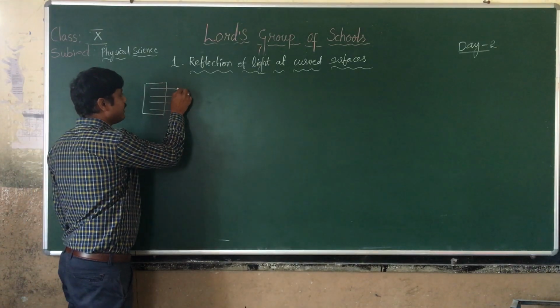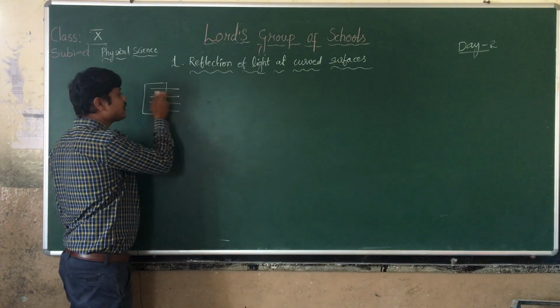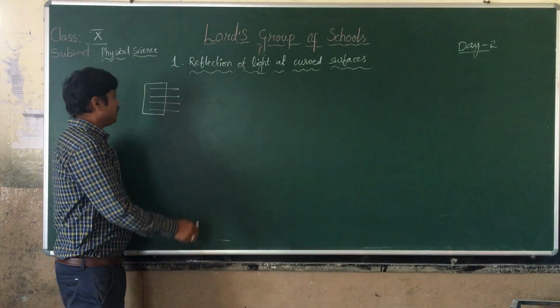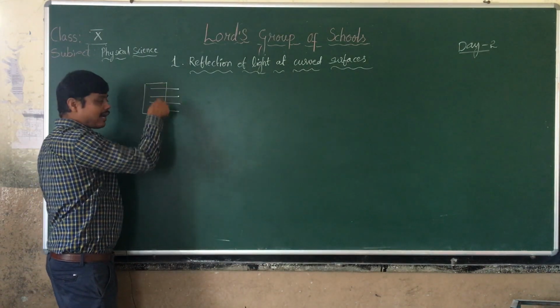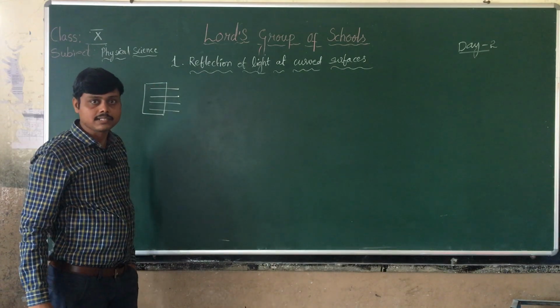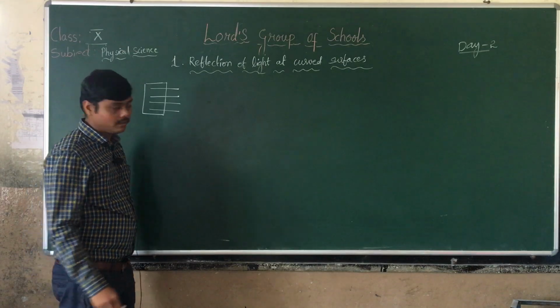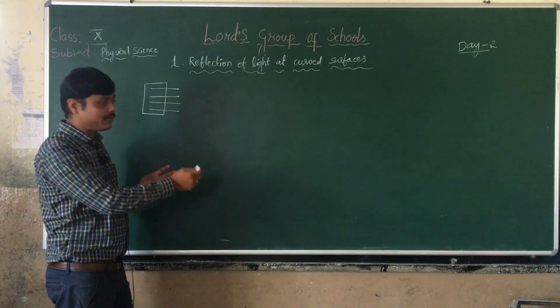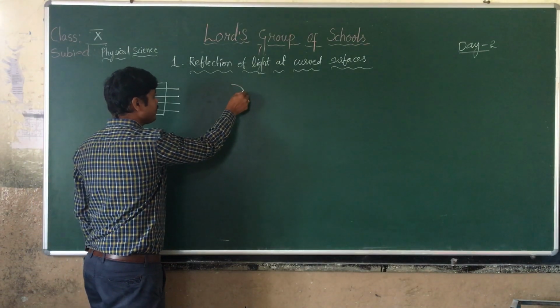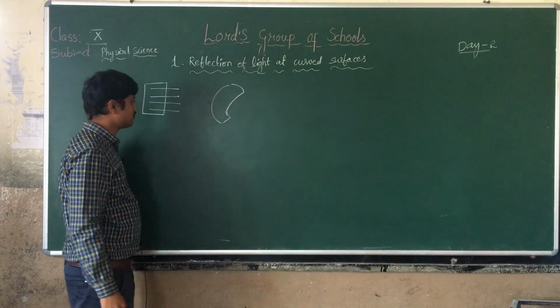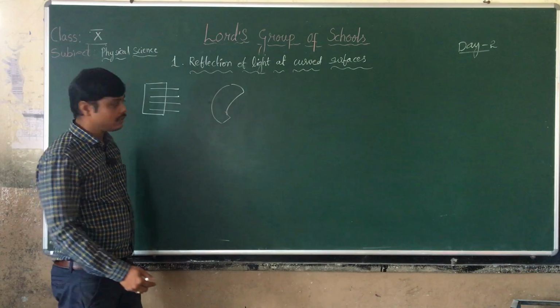Obviously you can see all the nails are parallel to each other. And try to bend this rubber foam either inwards or outwards. What happens? Suppose I am bending this rubber foam inwards. What is your observation here?